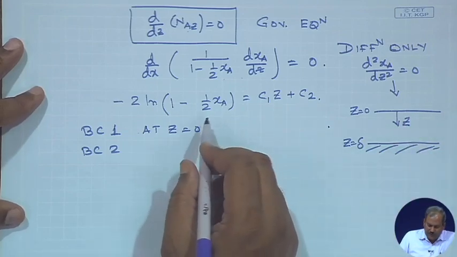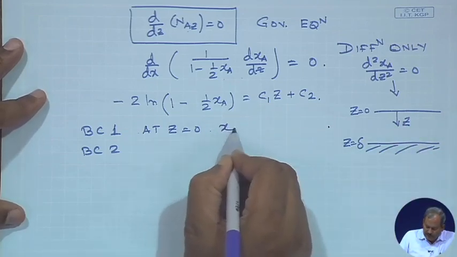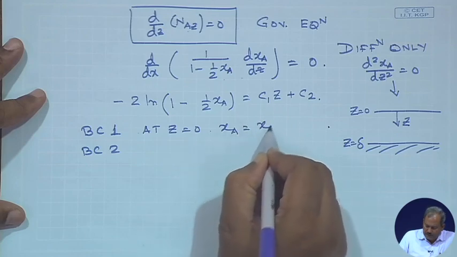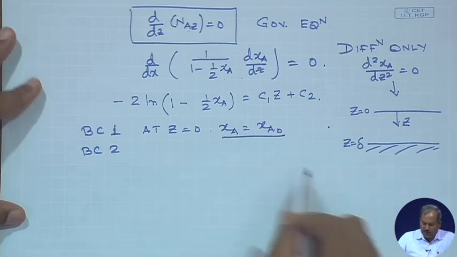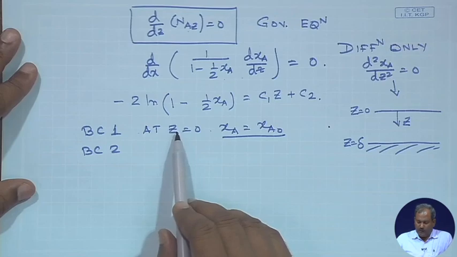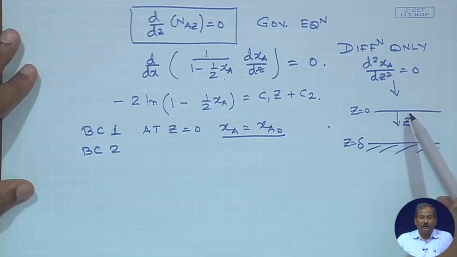So, at z equals 0, x_A, the mole fraction of A, is some known value x_A0. So, one condition that we have for the film is that the concentration at the outer edge of the film, the bulk flow, is known to me. So, the concentration at z equals 0 is some known value x_A0.